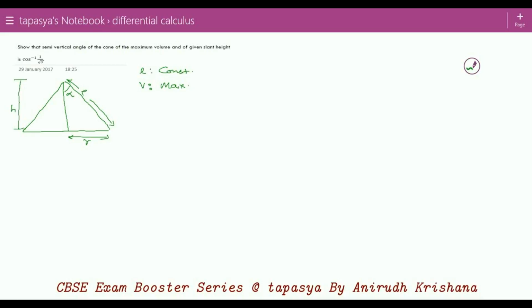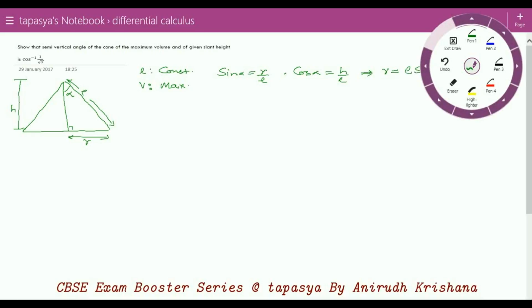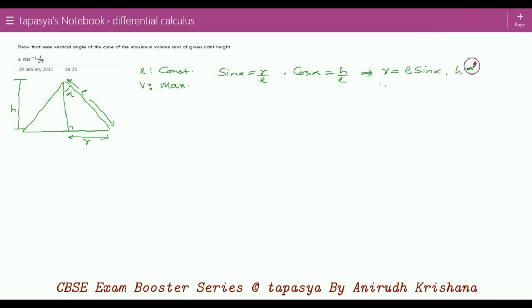By means of simple geometry, you find sine alpha equals r by L and cos alpha equals h by L. So I represent the radius in terms of L as r equals L sine alpha, and the height h as L cos alpha. These are the values of r and h in terms of alpha.